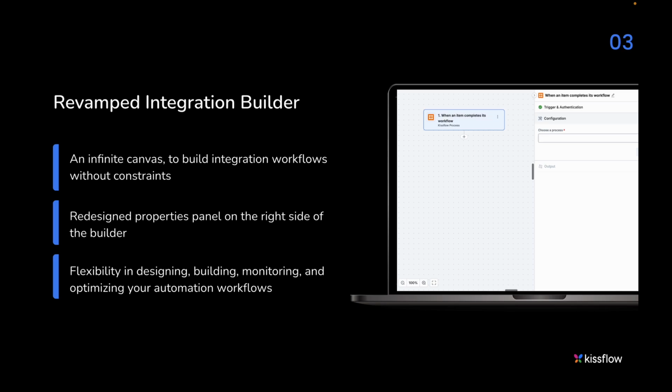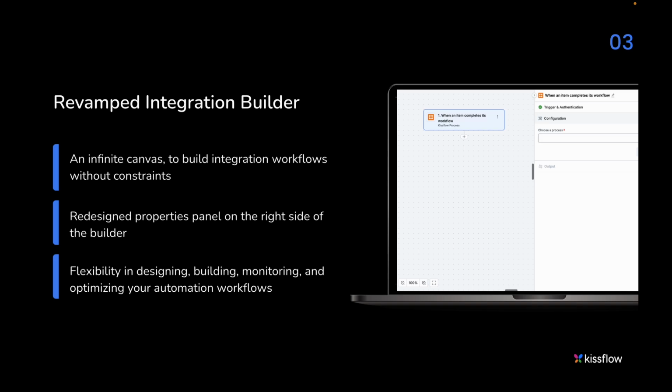Another thing that you can also expect out of this new revamp is that it simplifies error management. So you can quickly look at a comprehensive list of errors that happen in your integration configuration, and it's easy for you to navigate in that space.